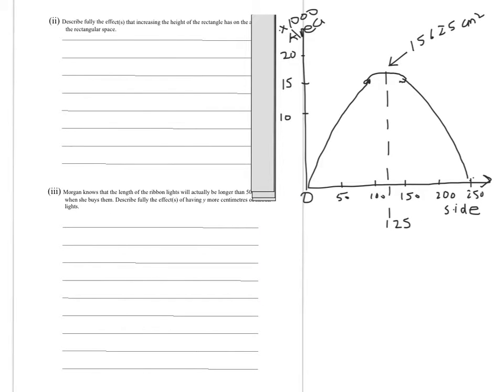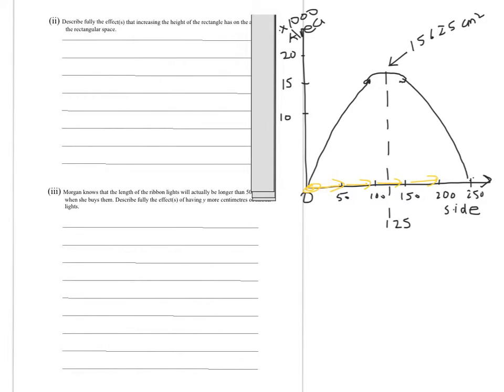What's the effect of increasing the height or the length of the rectangle? So as we increase, we're starting at 0 here, and we're increasing the length of the side as we go across the graph.